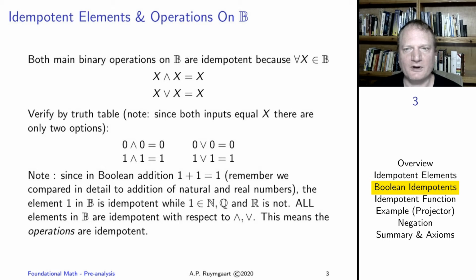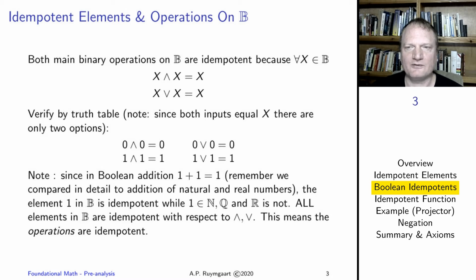Now in the Boolean domain we had already shown previously that the AND operation is essentially multiplication. In fact, it was the same as multiplication on natural numbers as long as we restrict ourselves to the numbers 0 and 1. And Boolean addition was very similar to addition on natural numbers. Not quite the same though.